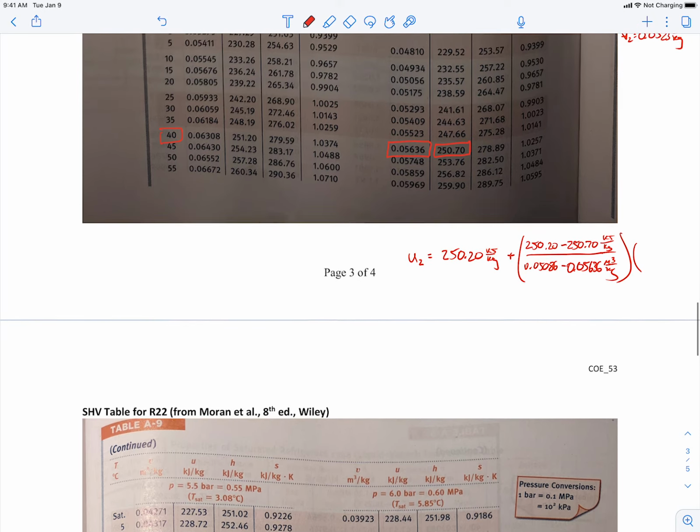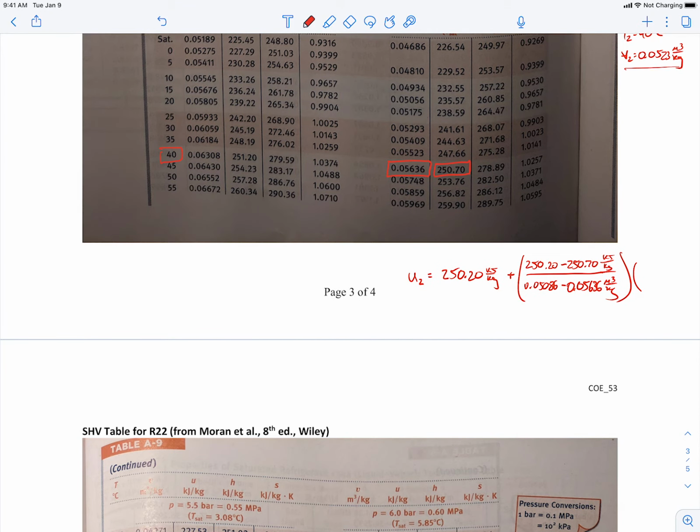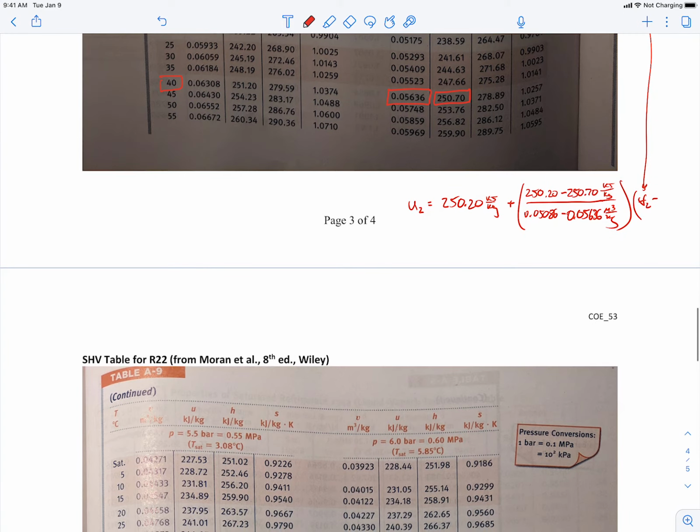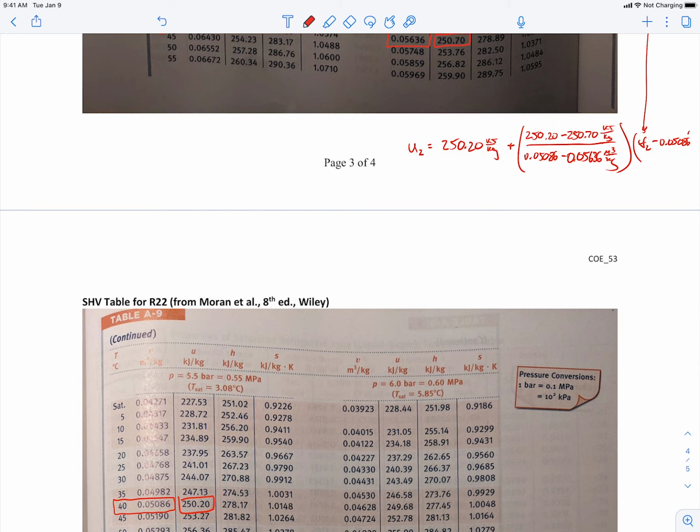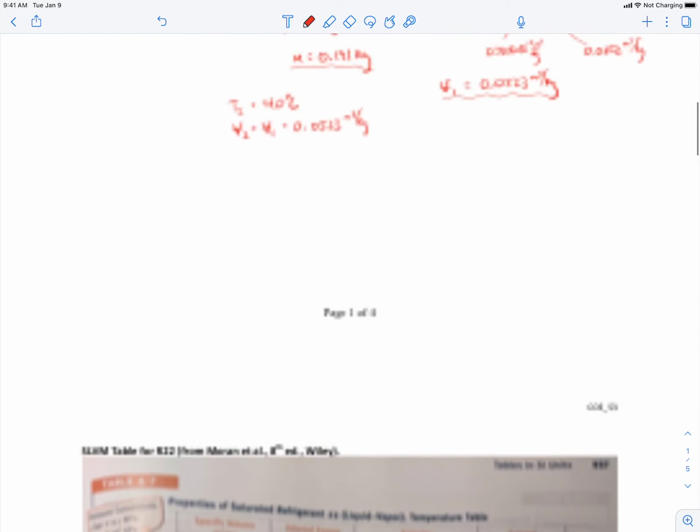And then my actual specific volume, I'll just write it as V2, it's this one right here, minus the one corresponding to the 250.2. Okay, so it's kind of tedious, but you can work that out, and you'll find that the specific internal energy at 2 is 250.33 kilojoules per kilogram. Okay, so we can mark that up here.